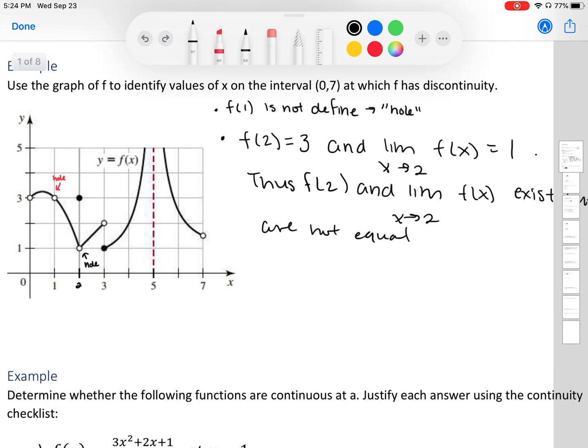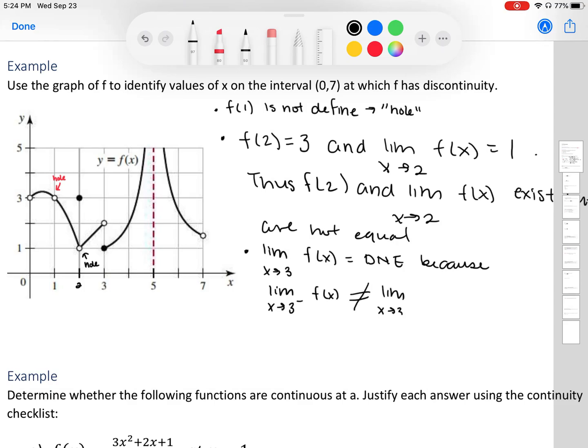So for 3, we can say something like, the limit as x is approaching 3 of our function does not exist, because the right-hand limit and the left-hand limit are not equal. The limit as x is approaching 3 from the left of your function is not the same as the limit approaching from the right of your function.